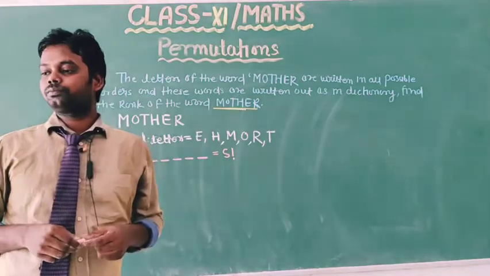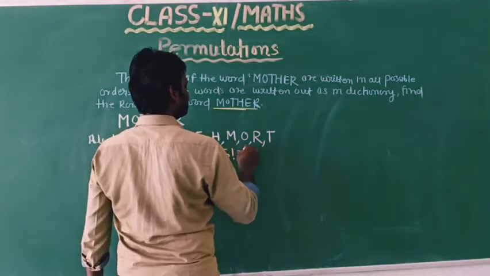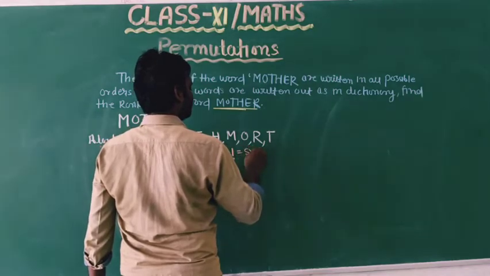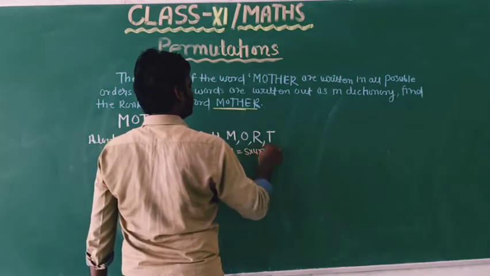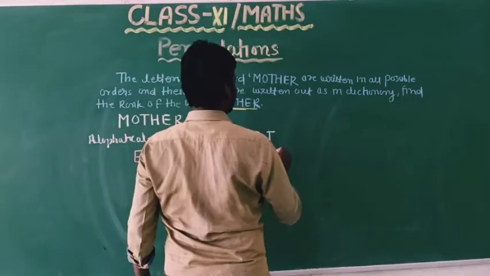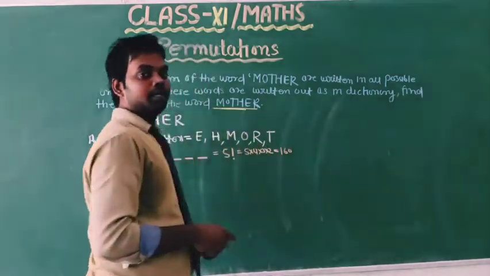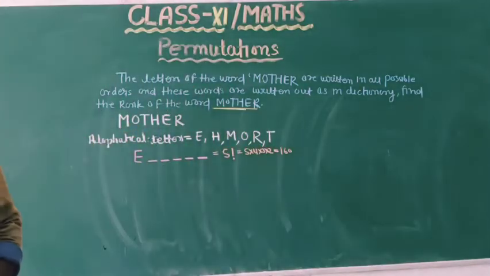This is 5 into 4 into 3 into 2, which is 5 times 4 is 20, times 6 is 120. Okay, 120.